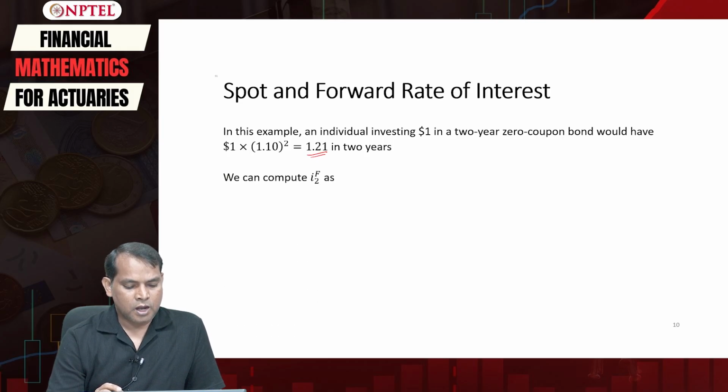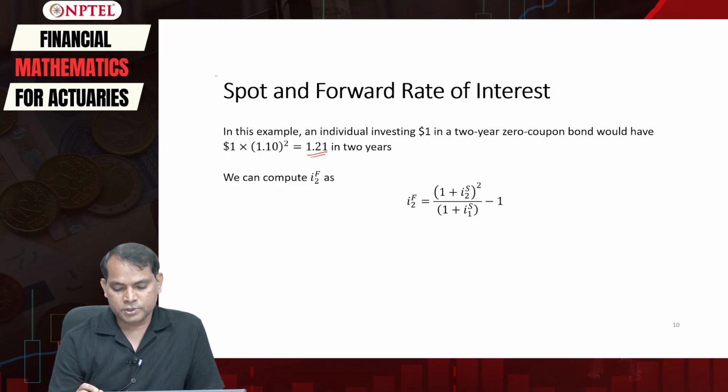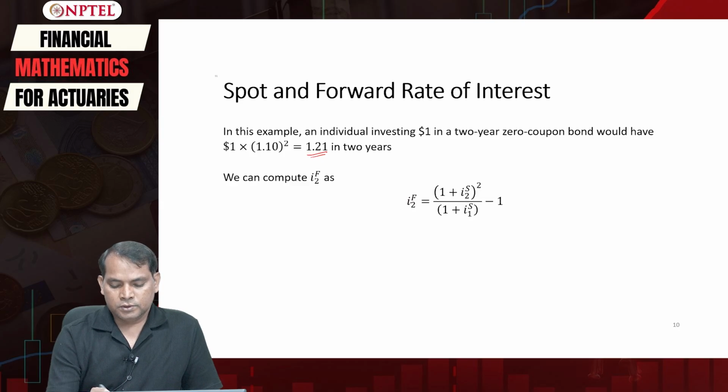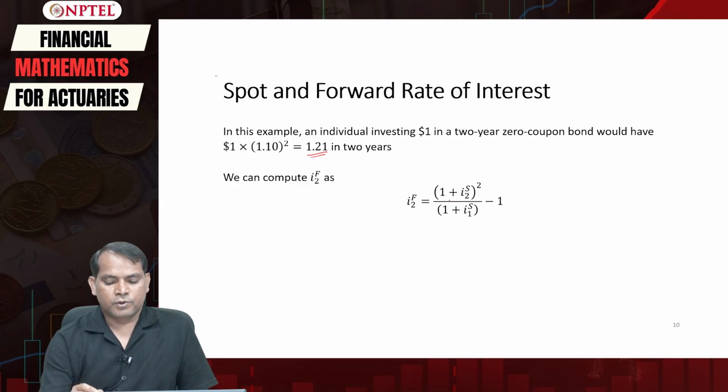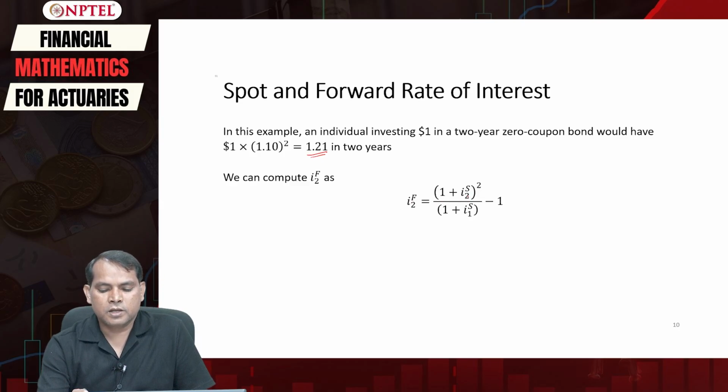We can also compute the forward rate for 2 years simply as I2F is equal to 1 plus I2S to the power 2 divided by 1 plus I1S, minus 1.